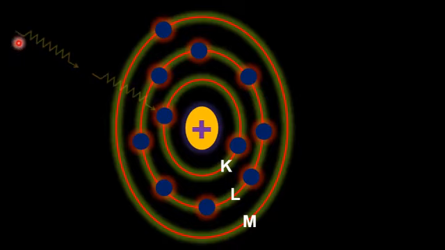This represents that the energetic beam or stream of electrons is incident on the electron which is present in the core K shell. Dear student, please note that the electrons revolving around the nucleus in the K, L and M shells have energy in those shells. Due to this, the electrons revolve around the nucleus.